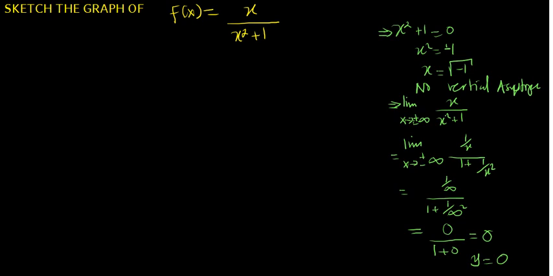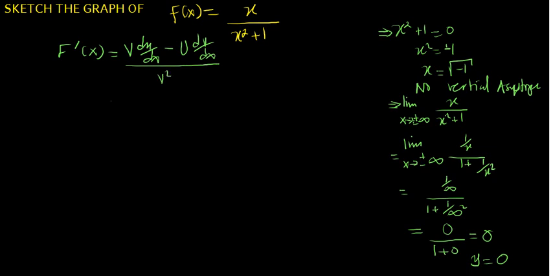Another thing that we need to find is the turning point. For the turning point, we use the derivative. So f prime of x is going to be equal to v, what is in the denominator, times du over dx, where u is what is on top, minus the same u times dv over dx, all divided by v squared.